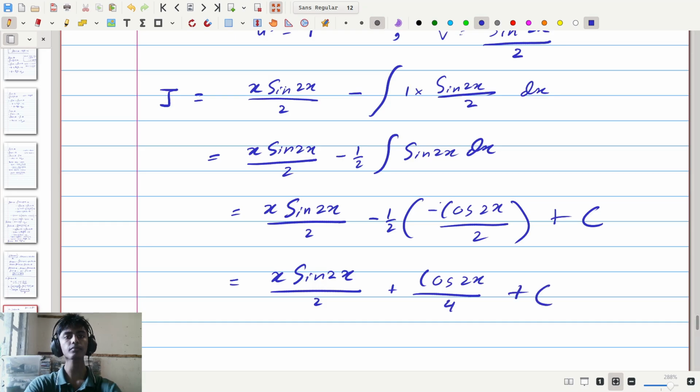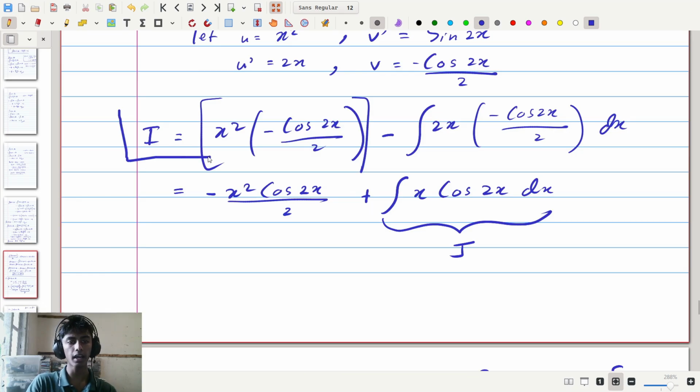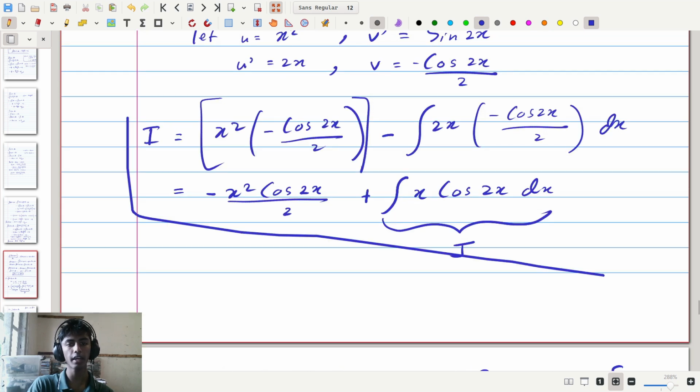Now what we need to do in order to evaluate the original integral I is substitute the value of j that we found into here. So therefore I'm going to rewrite this I expression and then substitute in j.